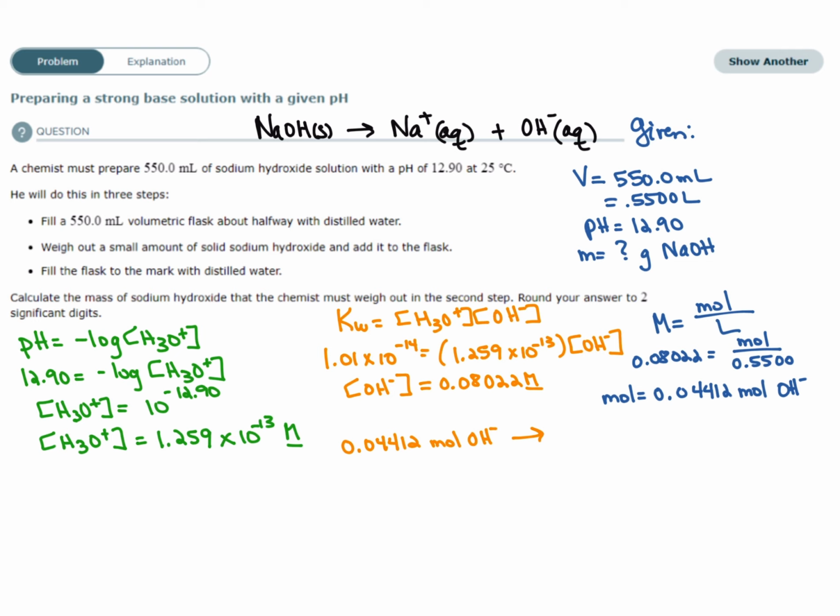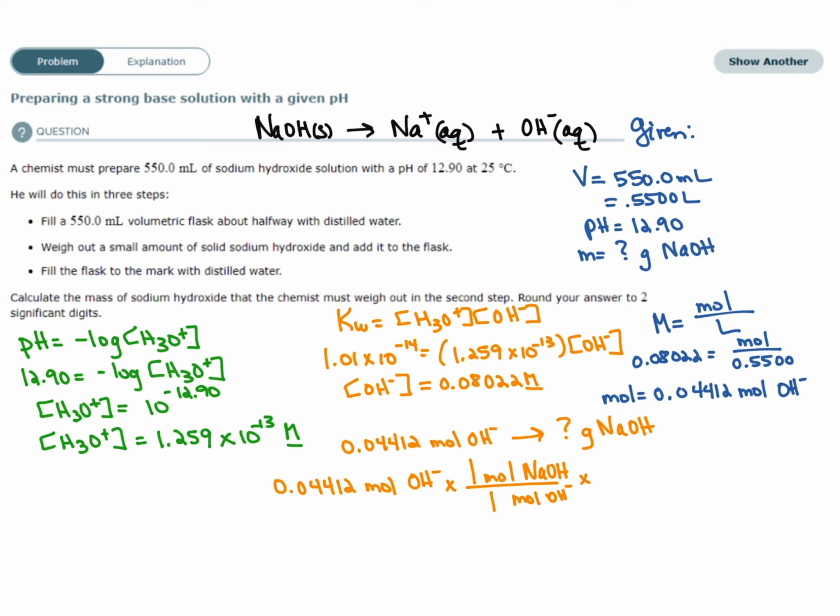So I'm going to go from moles of hydroxide to grams of sodium hydroxide. Always start with my given. Moles of hydroxide in the numerator, so moles of hydroxide in the denominator. Take a look at my balanced chemical equation. For every 1 mole of hydroxide, I have 1 mole of sodium hydroxide.